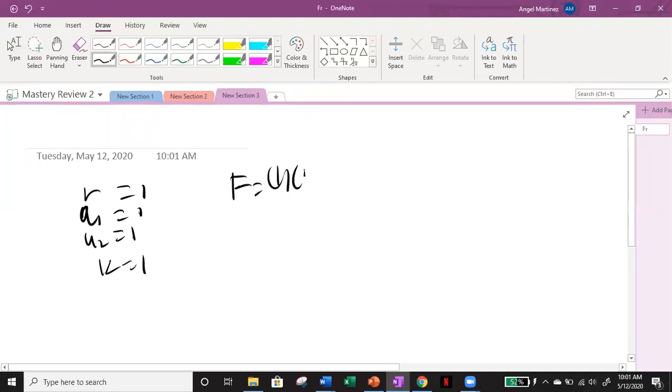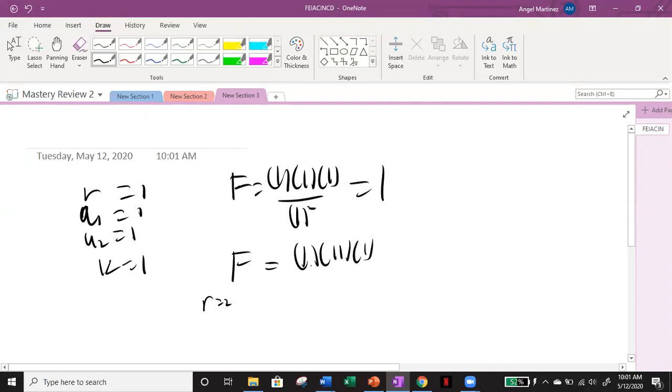If F was 1 times 1 times 1 divided by 1 squared, the answer will be 1. But now we're saying that the distance is doubled, so now R equals 2. We have 1 times 1 times 1 divided by, in parentheses, 2 squared.